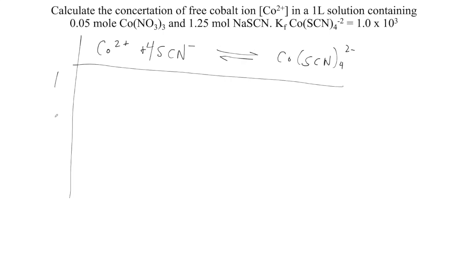If we fill in our ice table here, I is for initial, so how much initial material is there? We'd have 0.05 moles to start off for cobalt, and then we have 1.25 moles of isocyanate.